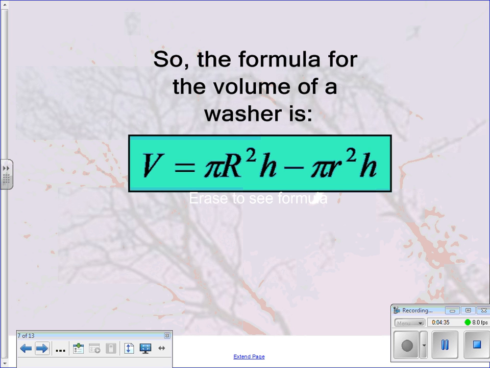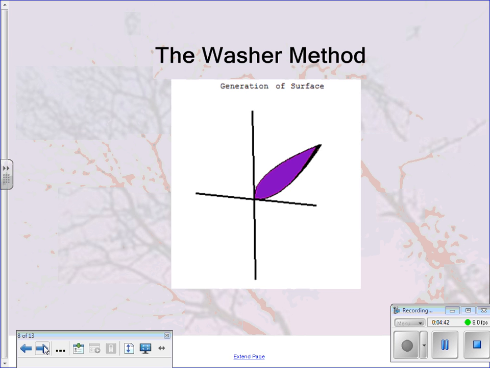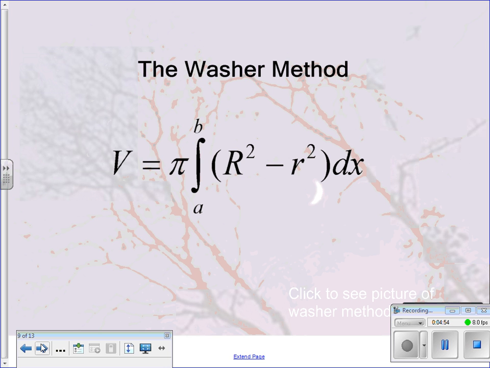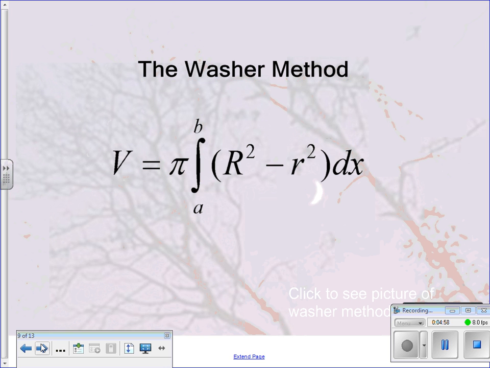Now, in order to write this as a formula, this is a 3D of a surface. Here you go. This is the formula. So you take that ring.